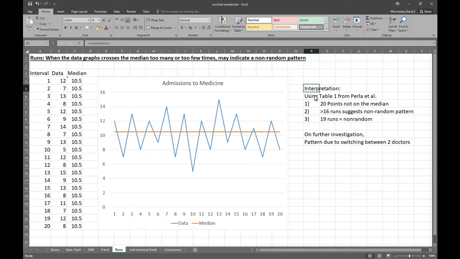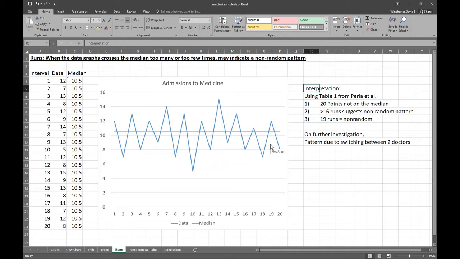So in that table, if you look for a chart with 20 points with none on the median, so none of these actually have a point on the median, and there are 20 data points in total, anything more than 16 runs suggests a non-random pattern. And in this case, I told you there are 19 runs. There are 19 times when the data crosses the median. So that suggests that it's not random. So you need to be looking for other reasons, other explanations for what's going on with this data.